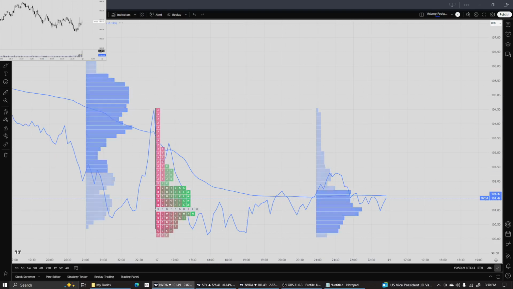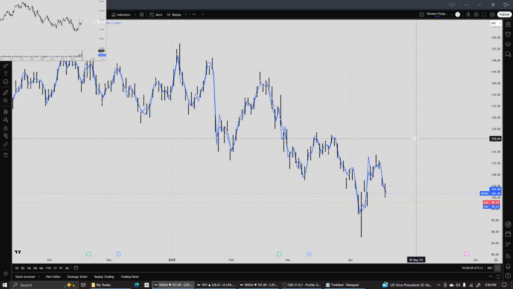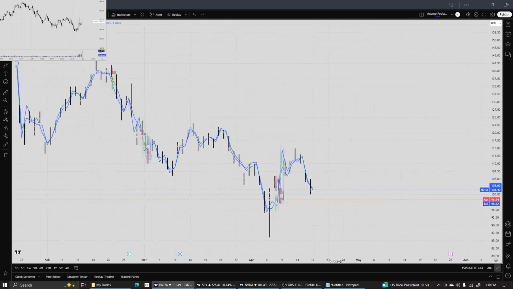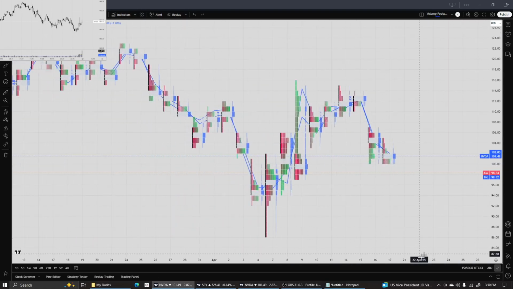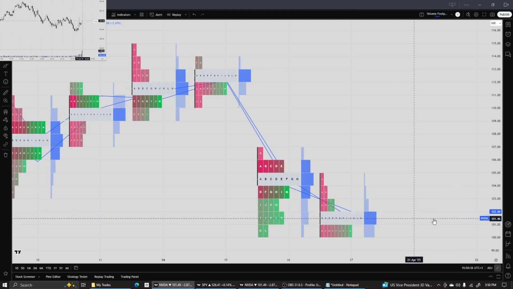Not 30, 1 day actually. One day is suggesting yesterday's POC at 101.5, so that is very clearly going to be our resistance.